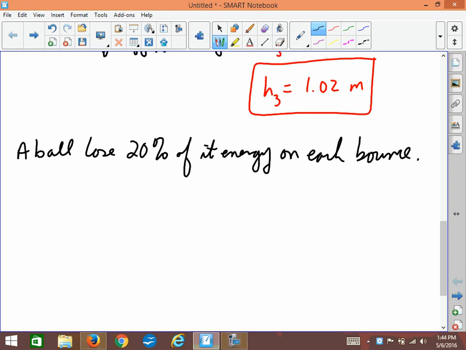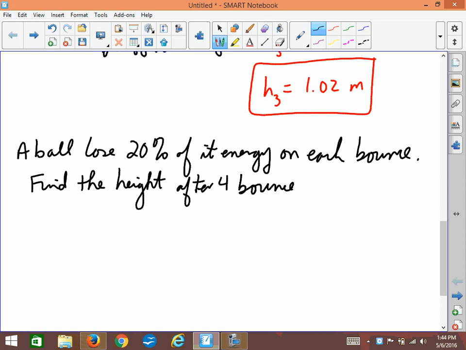And then it will say, find the height after 4 bounces, let's say. Find the height after 4 bounces. If you're losing 20% of your energy, how much are you retaining? 80%, which means the number we want will be 0.8 to put into here.